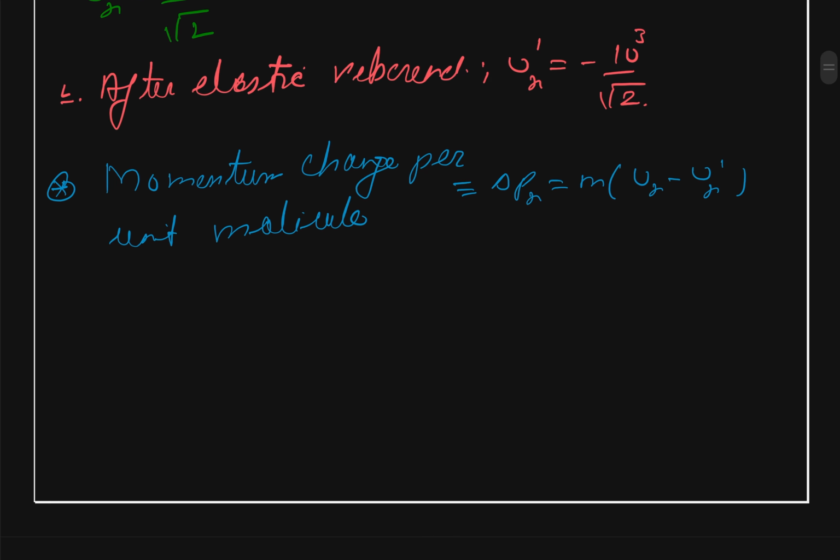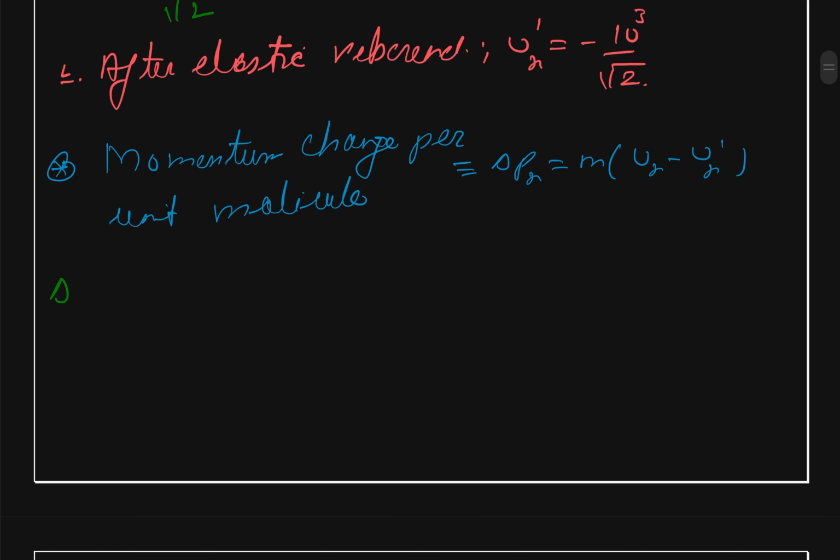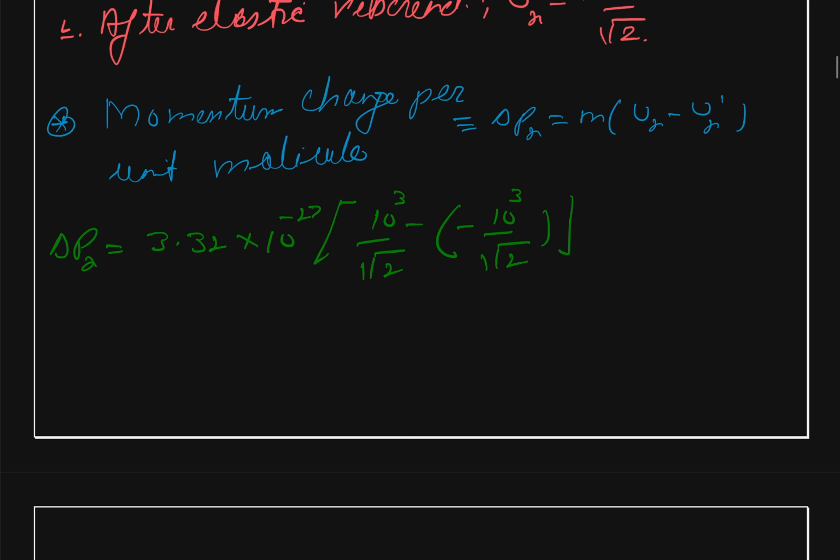We know all these values, so delta p of x will be equal to the mass, which is 3.32 into 10 raised to power minus 27, times 10 raised to power 3 divided by square root of 2 minus minus 10 raised to power 3 divided by square root of 2. And this will be approximately equal to 4.692 into 10 to the power minus 24.